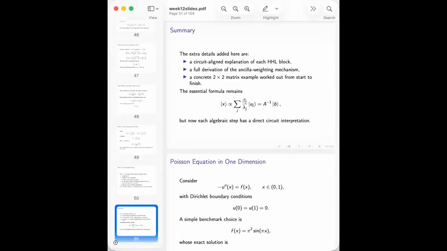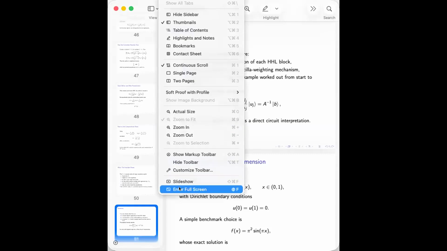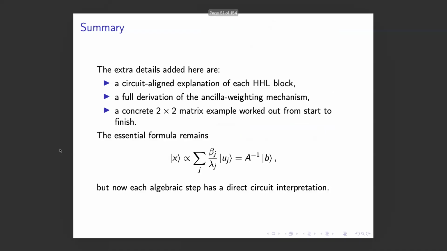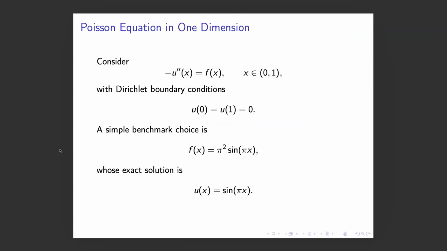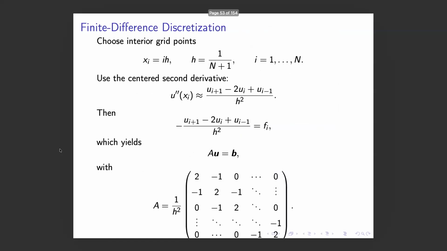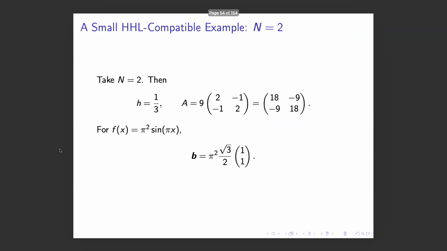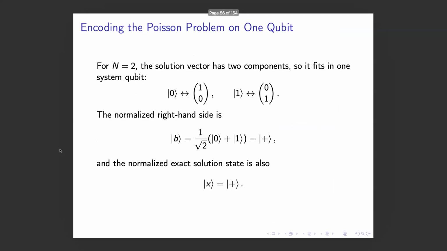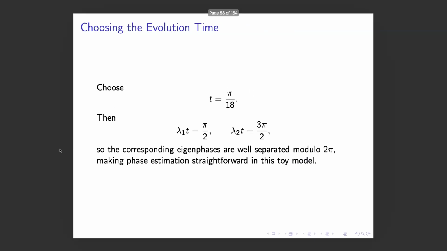Let's go back to the slides here, because I'm going to stay with the slides for the rest of the lecture. The example is this one, where f of x is given by this function, and this is what we end up with. Nothing particular here. This is the problem which I put on the blackboard. There is a small example here where I go through n equals 2. This is just a repeat of the other small example, so I'm not going to go through this one because it's exactly the same exercise as we did before.